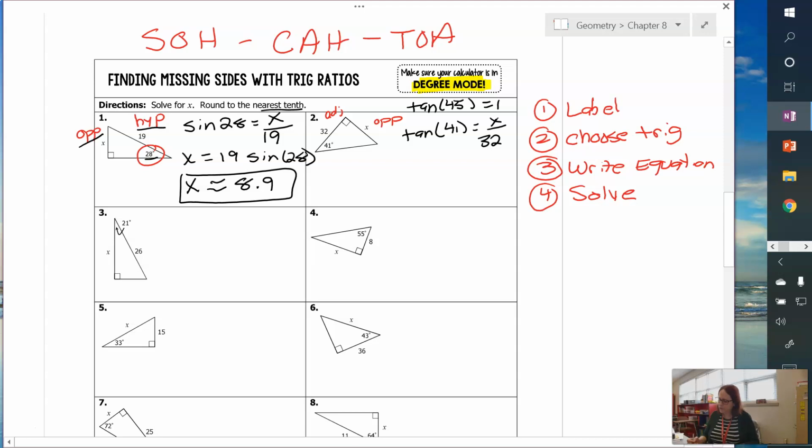Multiply both sides by 32. X equals 32 times the tangent of 41. And then just punch that in my calculator. 32 times tangent of 41. That's all I'm putting in. And then rounding, I get 27.8.